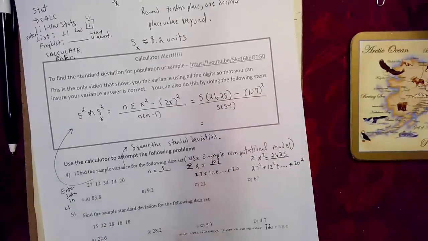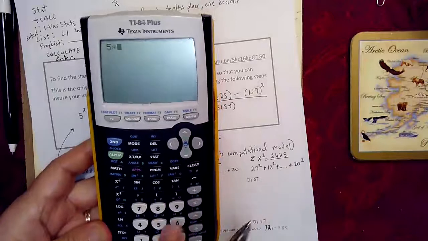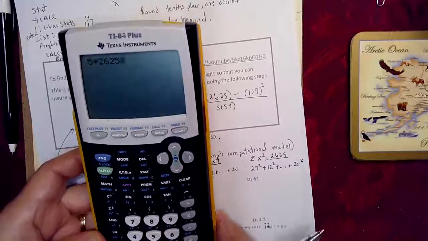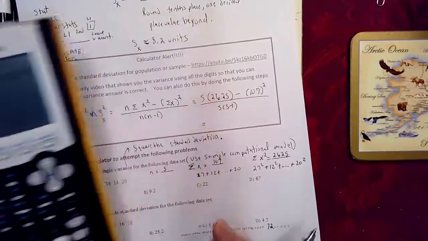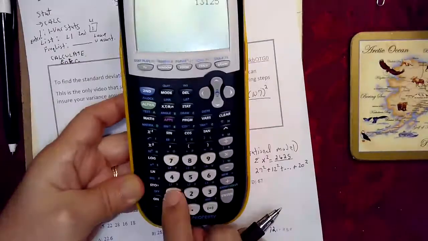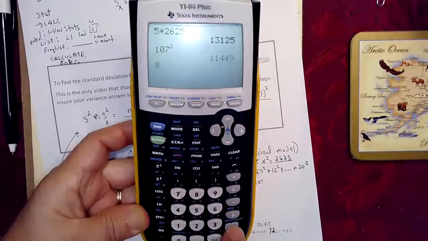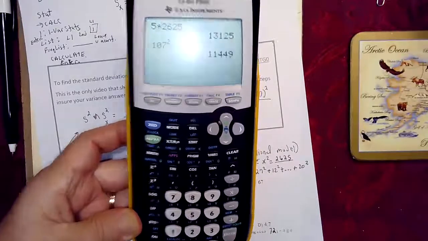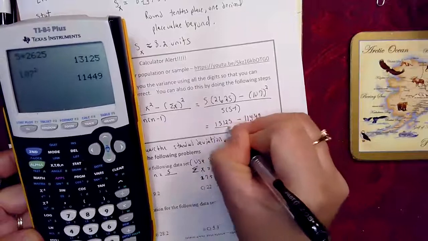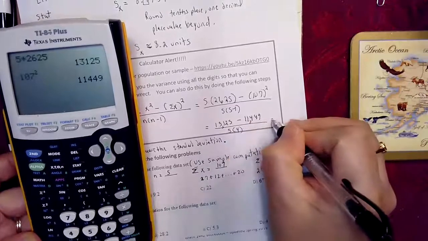Okay, so then I'm going to do 5 times 2,625. 2,625 times 5 is 13,125 minus 107 quantity squared. 107 times 107 is 11,449. 5 times 5 minus 1 is 4, so that's divided by 20.